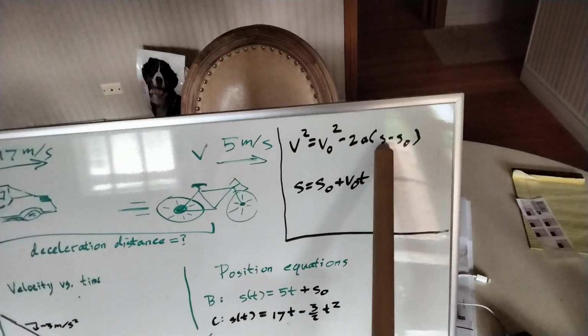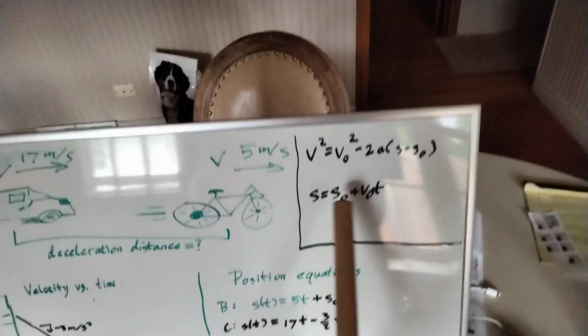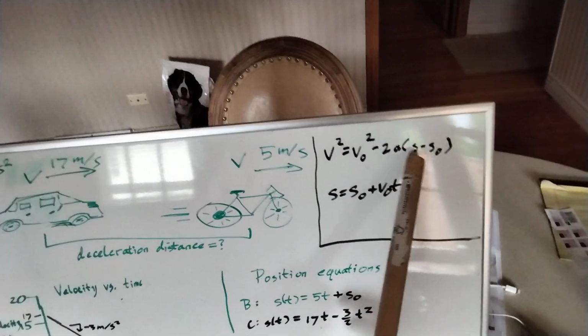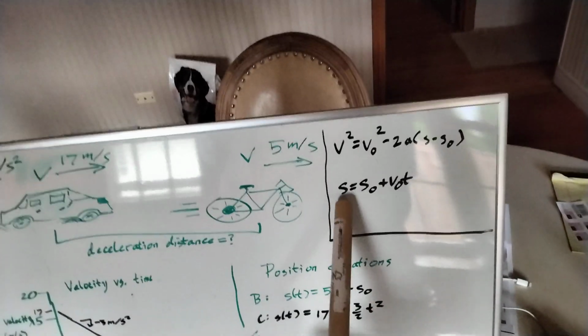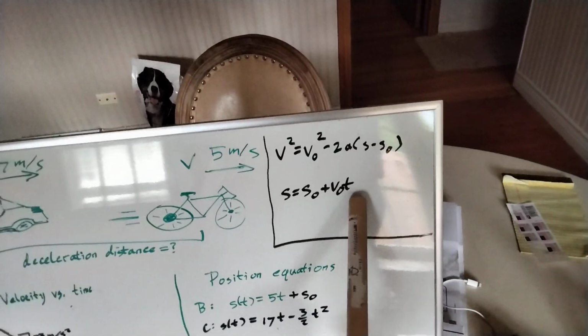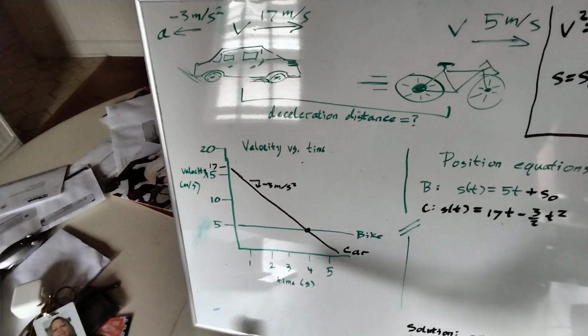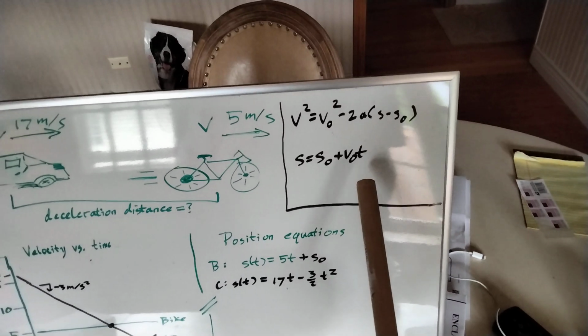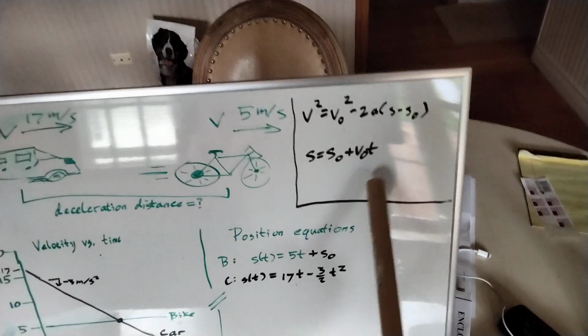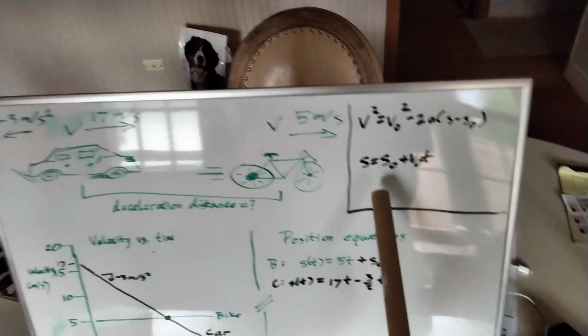So we know that the final s of the car should be the final s of the bike, and we know the time from our velocity versus time graph, and we know the velocity, so that'll give us the initial position of the bike.